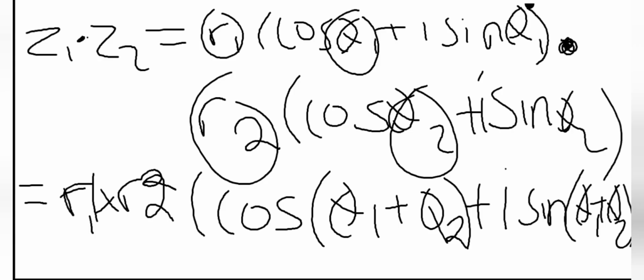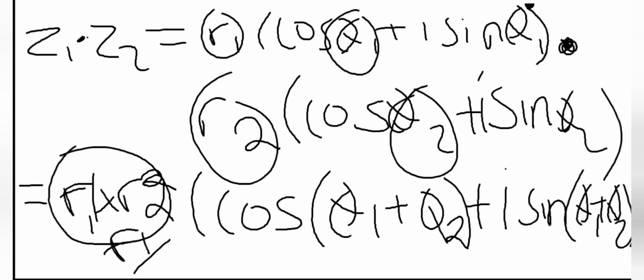So when you are dividing, take note, it will be r1 divided by r2. So instead of multiplying here, we are dividing, and instead of the addition sign for the angles, we have a negative sign.